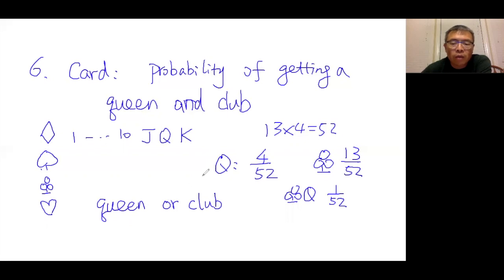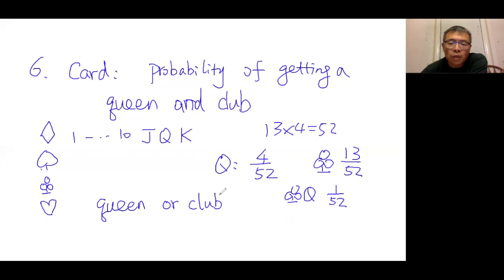As we said before, if there's no overlap between these two, we would simply add them together: 4 over 52 plus 13 over 52. But if we do that, we double counted 1 case, which is the club queen.